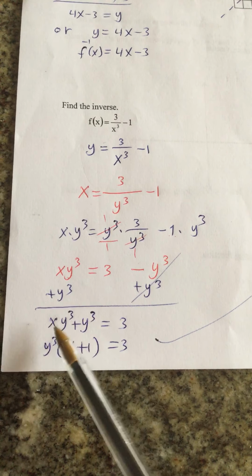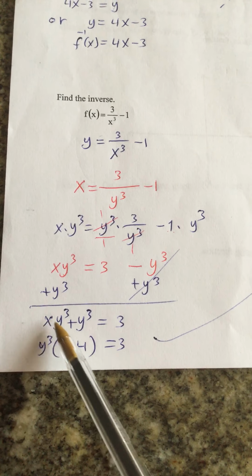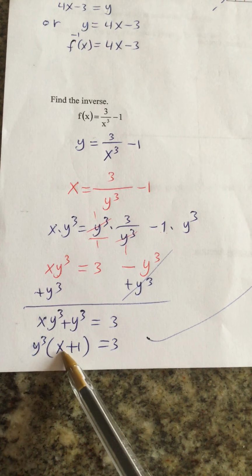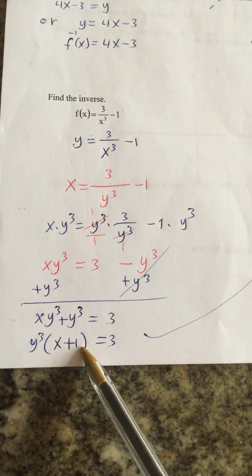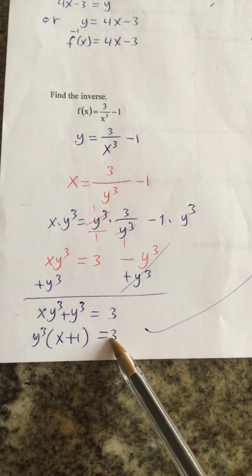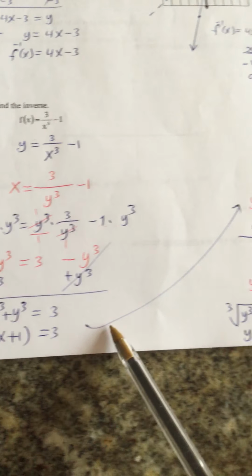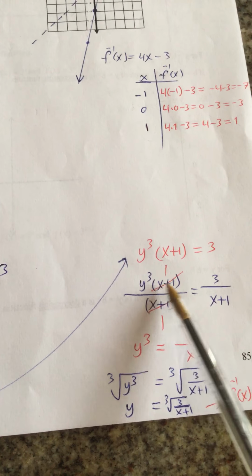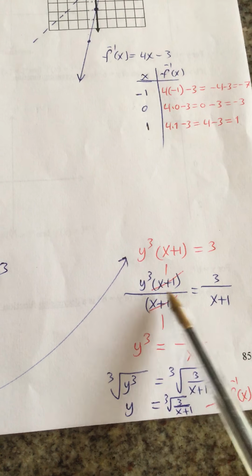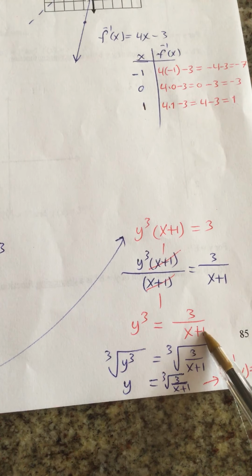Then factor out y cubed. So we get y cubed times x plus 1 equals 3. To isolate y cubed, divide by x plus 1. So now we have y cubed equals 3 over x plus 1.